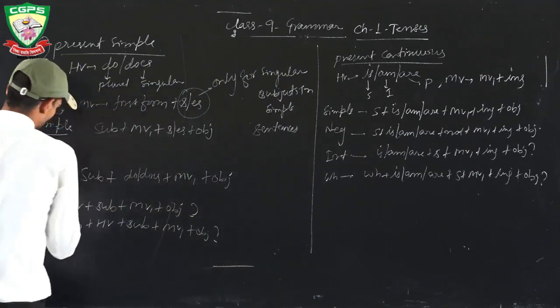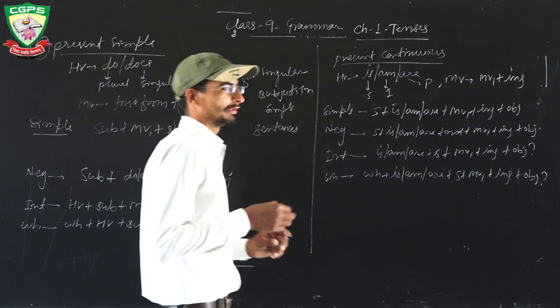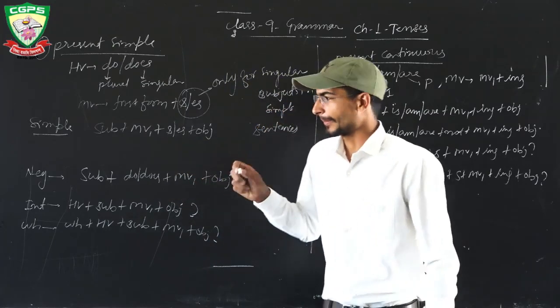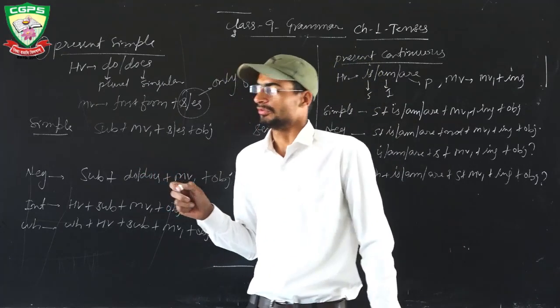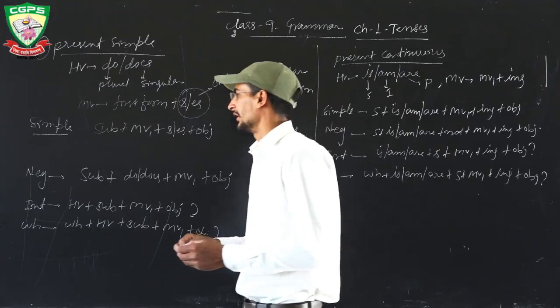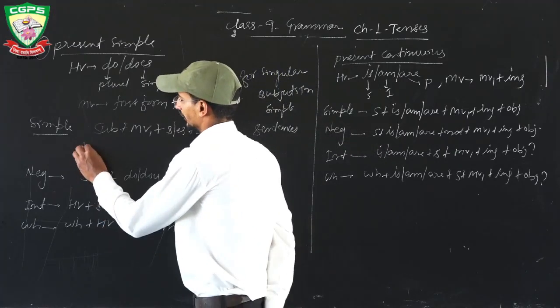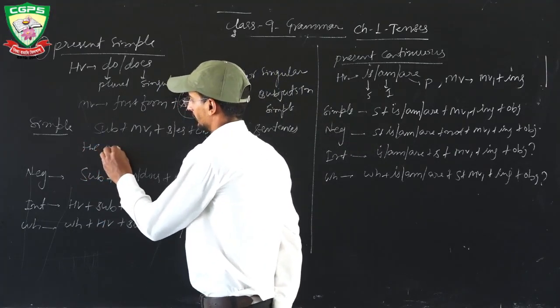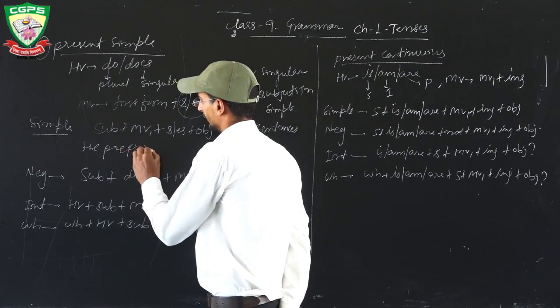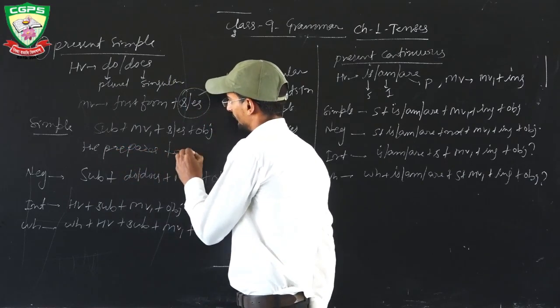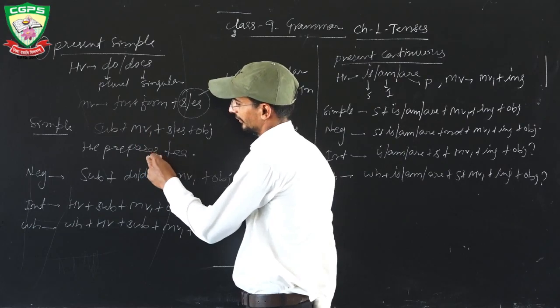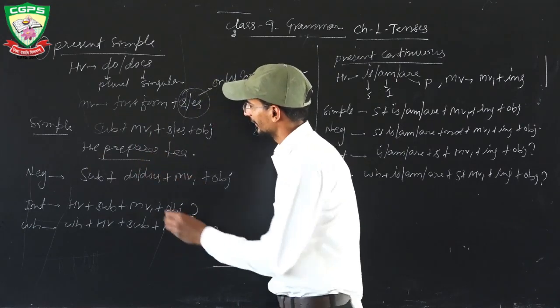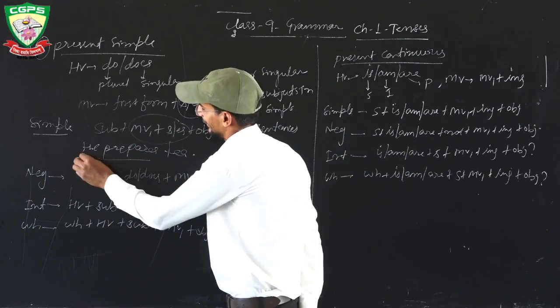Next, for the example, he makes or he prepares tea. He prepares tea. So here there is no helping verb in the sentence. In the structure there is no helping verb. Main verb first form s/es. He is singular subject.